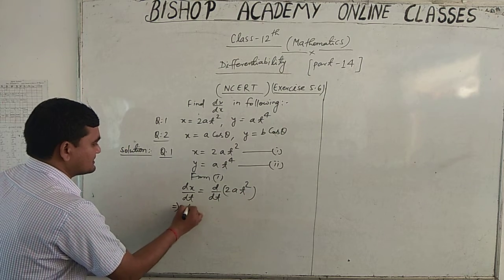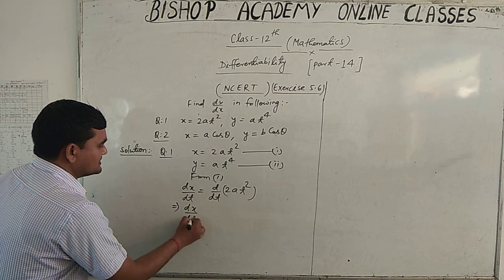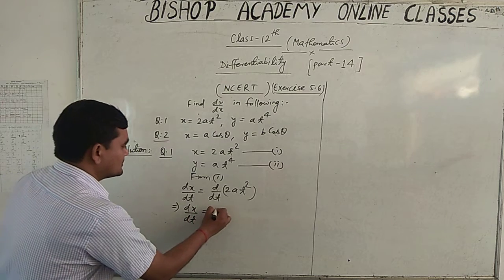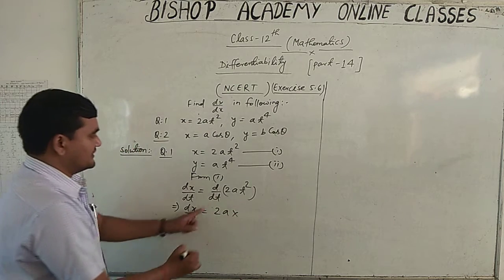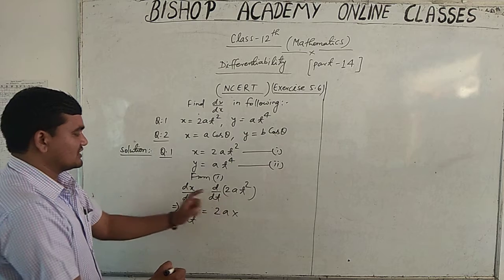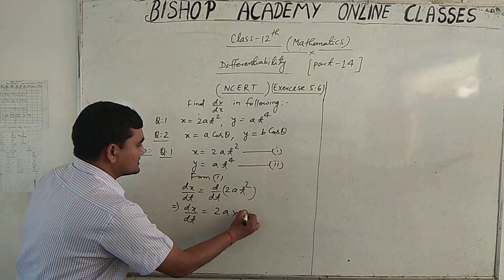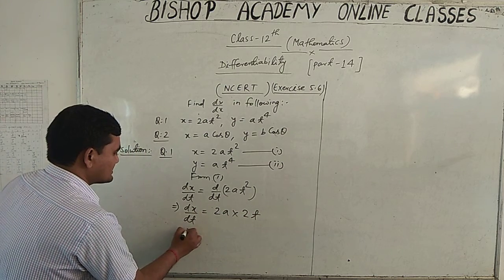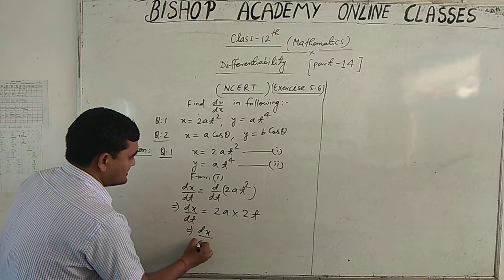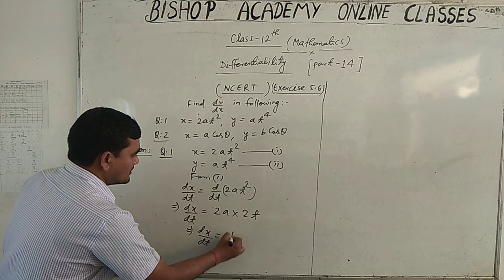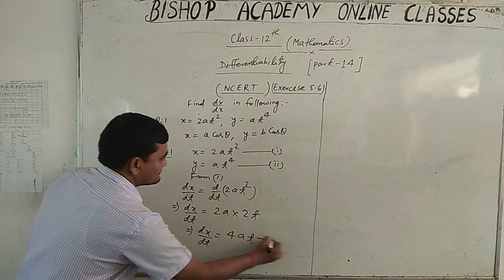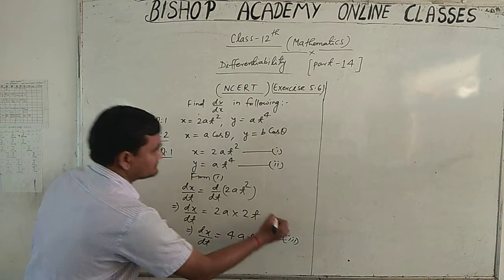This implies that dx upon dt is equal to 2a, differentiation of t square with respect to t is 2t. This implies that dx upon dt is equal to 4at. This is equation number 3.